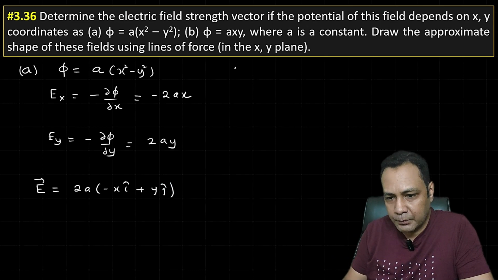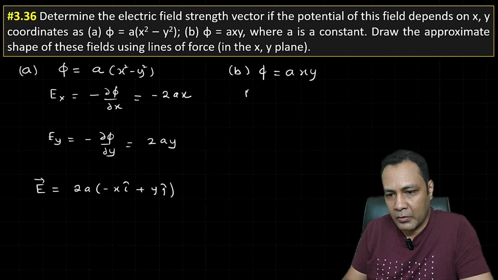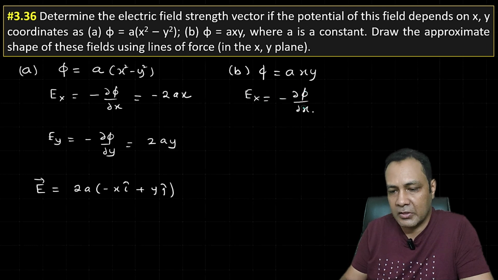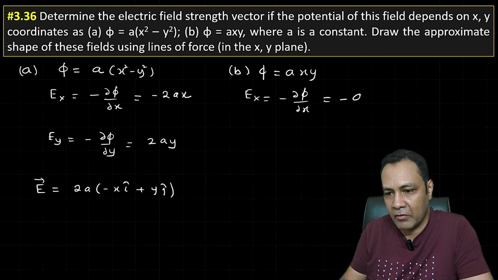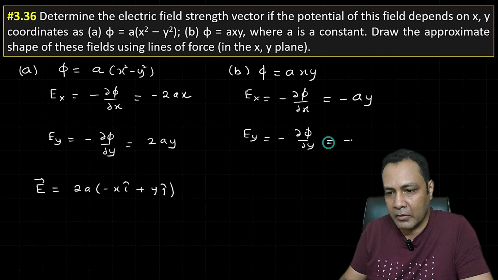Now in case 2, the potential is axy. So the x component of the electric field is minus del phi by del x, and that would be minus ay, and the y component of the electric field would be minus del phi by del y, and that will be minus ax.